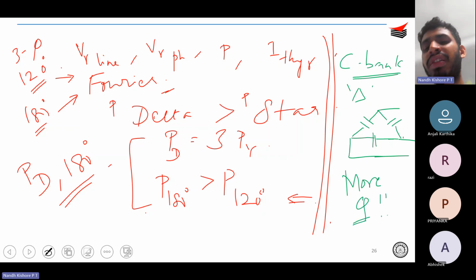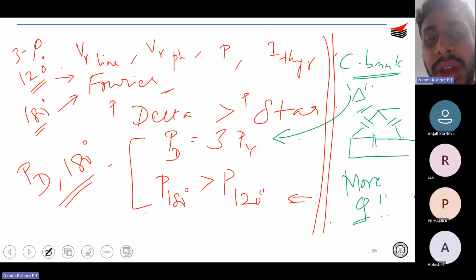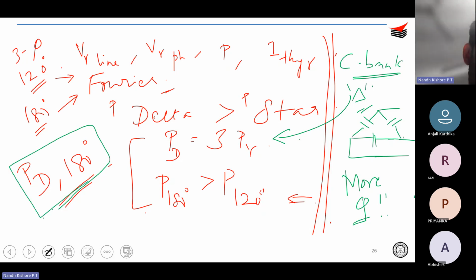This is just side information, but capacitor banks are typically connected in delta because you get 3 times more power compared to if you connect them in star. Power delivered is obviously higher. We explained this with an example problem, but you just need to remember that the highest configuration is delta in 180-degree mode.